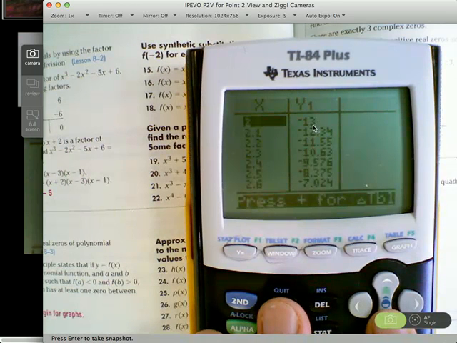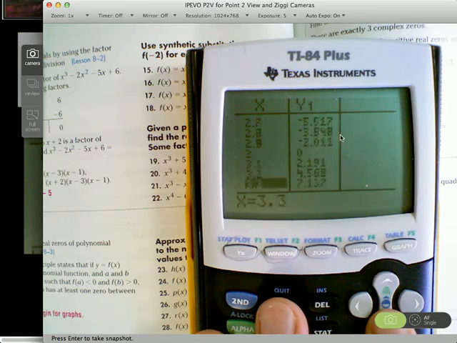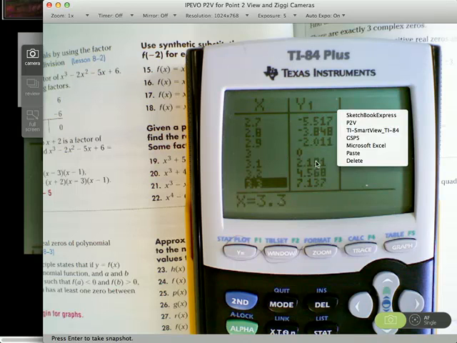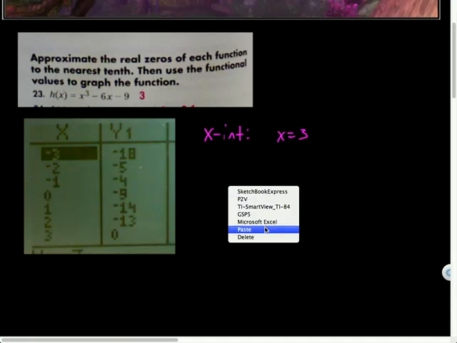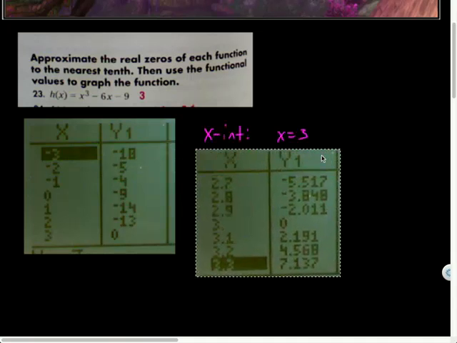So you can see we're getting closer and closer to 0, and right there we can definitely tell that there's a sign change from negative to positive, and better than that, we actually know where the 0 occurred, right? So we know that's 3.0 for sure.